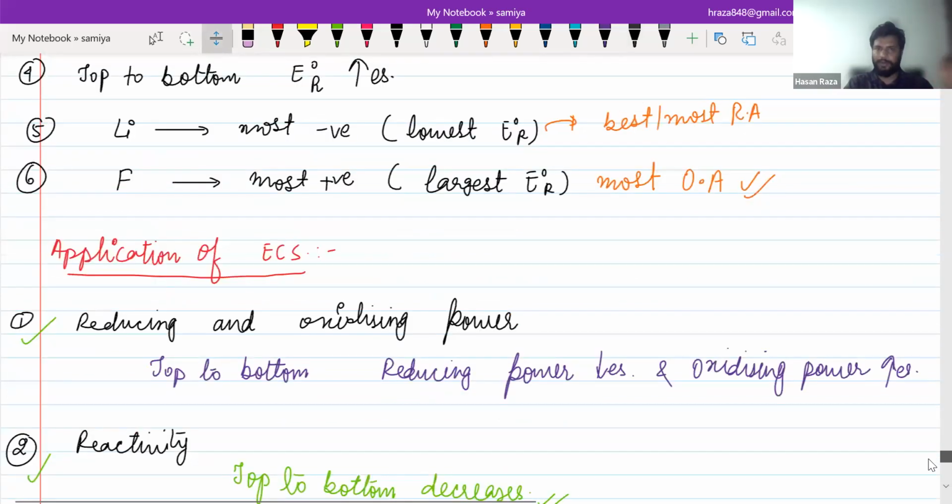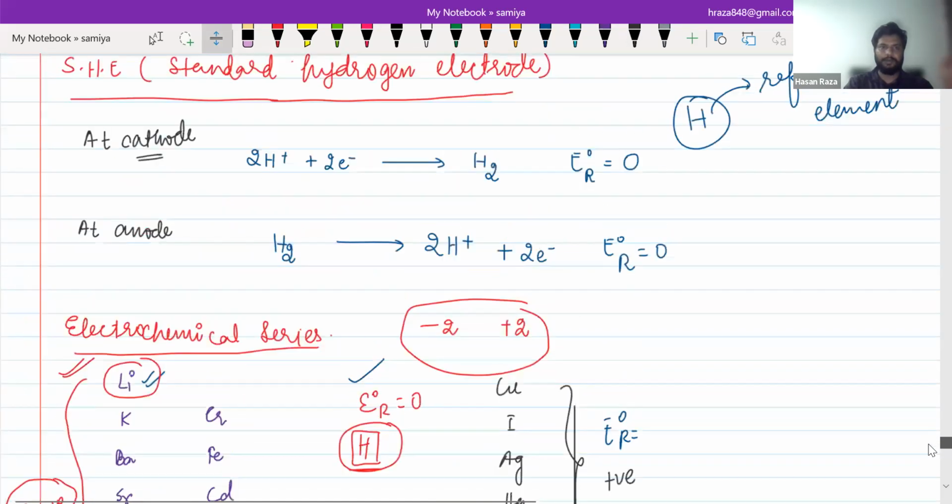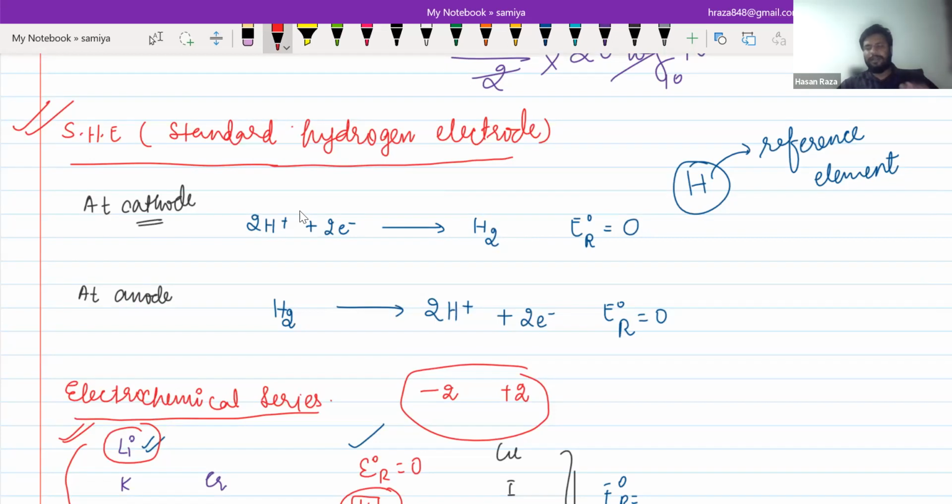So wait a minute. The topic of electrochemical series is completed. Now I'm going to practice some questions. Wait a minute, all of you. Madhya, today's lecture started from here. See, the standard hydrogen electrode potential. The electrode potential for every species or element is calculated when hydrogen is taken as the reference element.